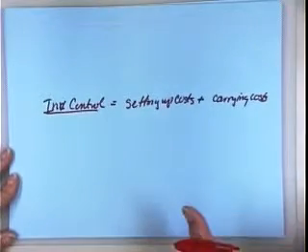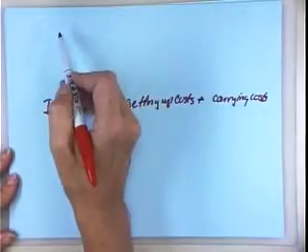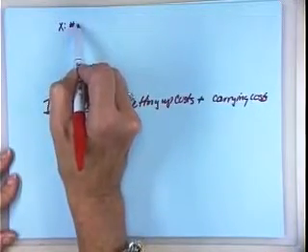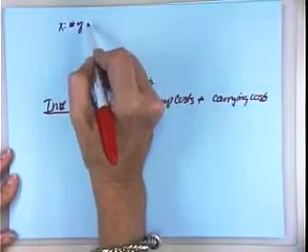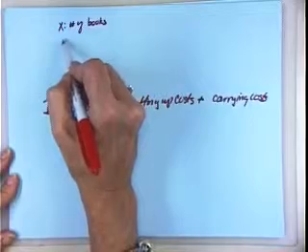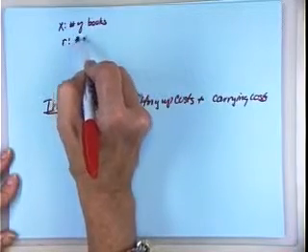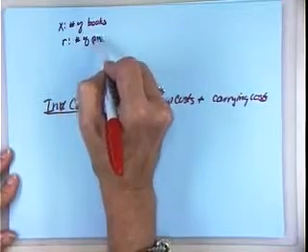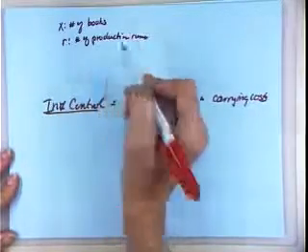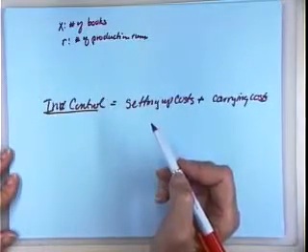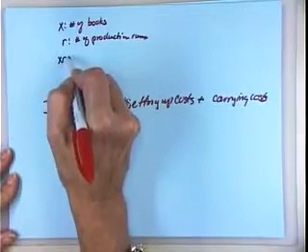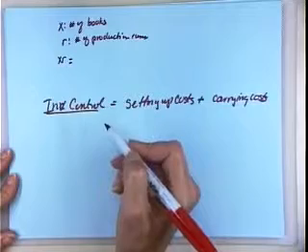All right, just like we did when we were going over these, X is the number of books, in this case. R is the number of production runs. So we've got copies of certain books. X times R in our problem is equal to what?